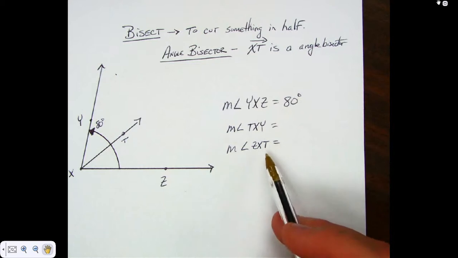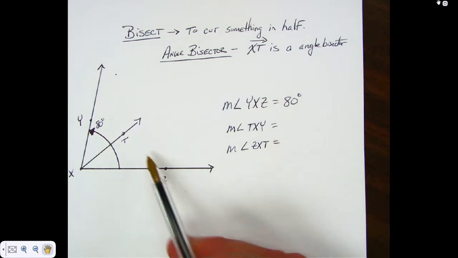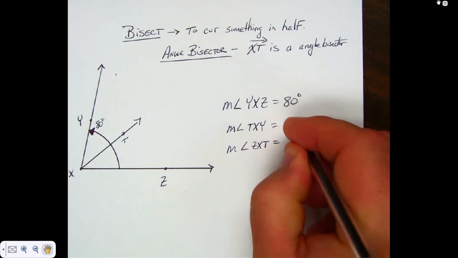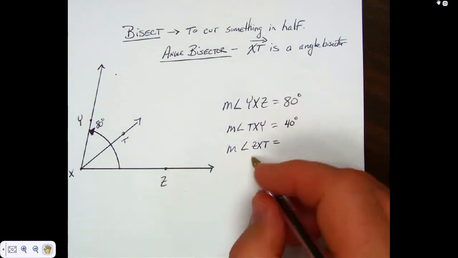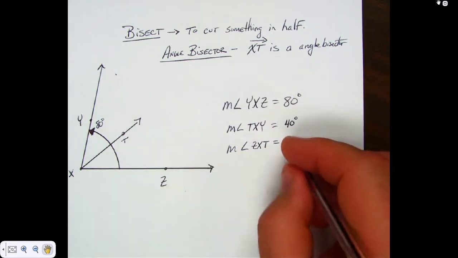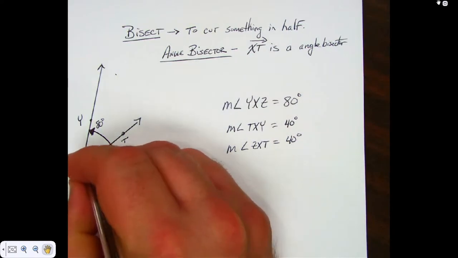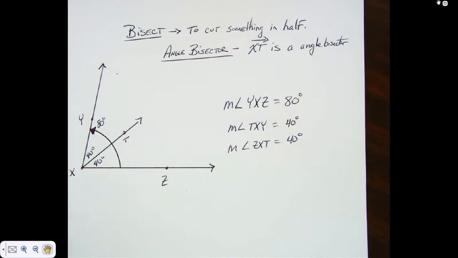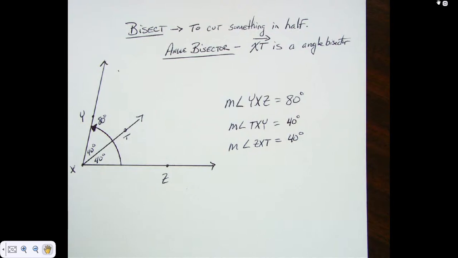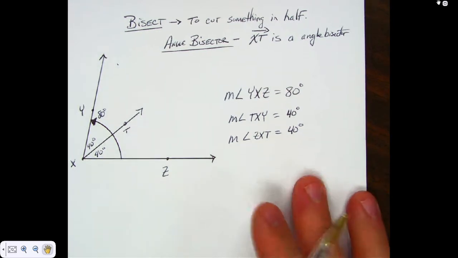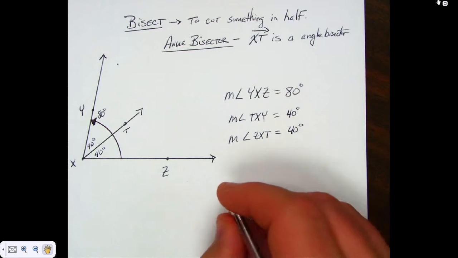So first, make sure you know what I'm talking about. TXY, what's that one? T to X to Y. What's the measure of it going to be? Well, it has to be 40 because this cut it in half. How about ZXT? What is it? So then you come over here and you write 40 degrees, right? Now, can anyone tell me why this is an incorrect way to write this?